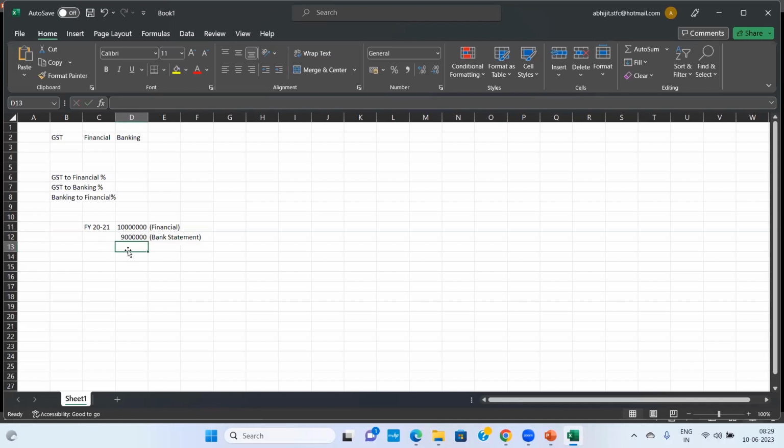And my GST statement shows total credit, total purchase, total sale is 85 lakhs. Now I have to find out triangulation. So GST to financial, right? It is 85%.